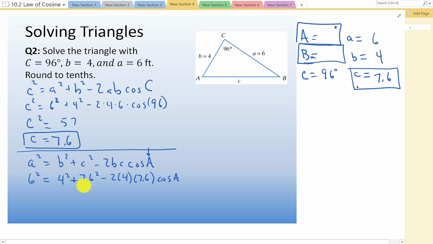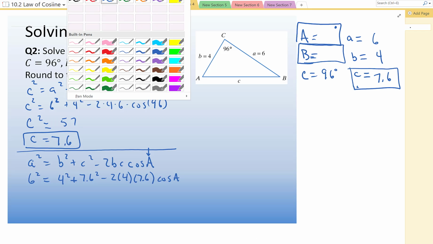And now I want to start cleaning this equation up here. The 7.6 decimal is going to make the math a little harder, but not too much. The calculator can handle all that. So let's move all this stuff over.